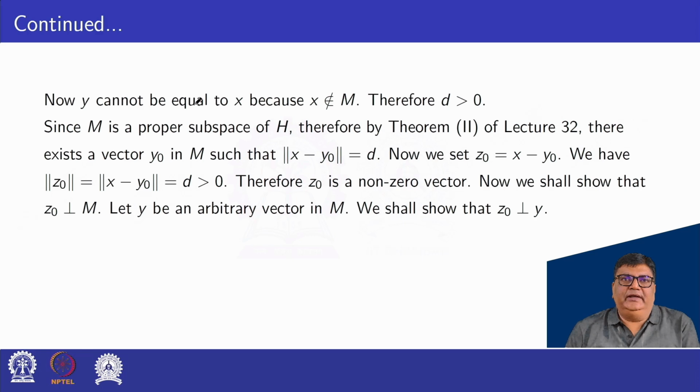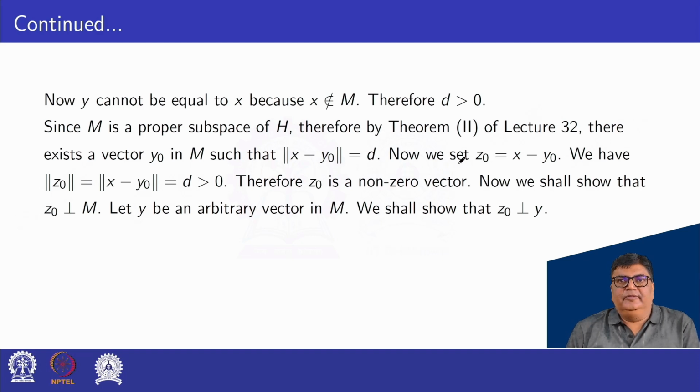Now y cannot be equal to x because x is not an element of M. Therefore d is greater than 0. Since M is a proper subspace of H, by the second theorem of lecture 32, there exists a vector y0 in M such that the norm of x minus y0 is equal to d.